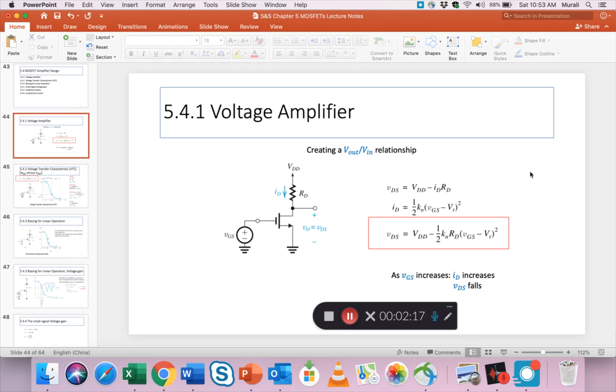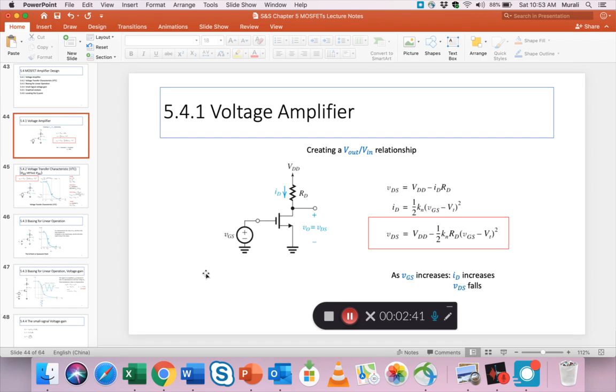where we introduce the idea of a voltage amplifier. Now, on the input side, we have the gate to source battery, or gate to source voltage. On the output side also we would like a voltage.